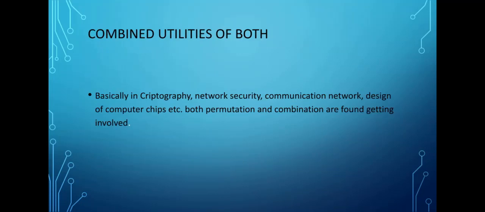Now, why are the terms permutation and combination used together? The main reason behind this is what? If we learn permutation separately and combination separately, then also it is fine. But if we know permutation only and not combination, we may have to face some problem sums in which both the concepts will be found.